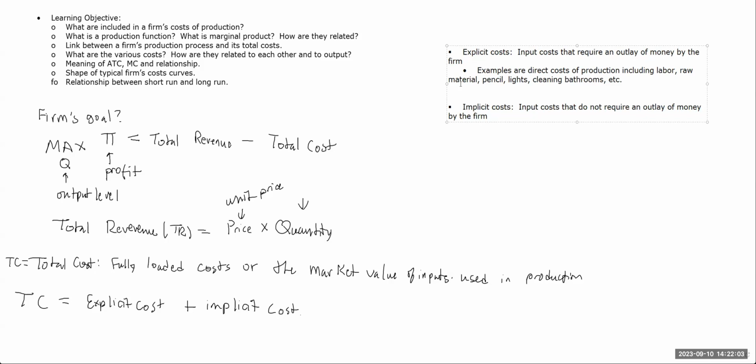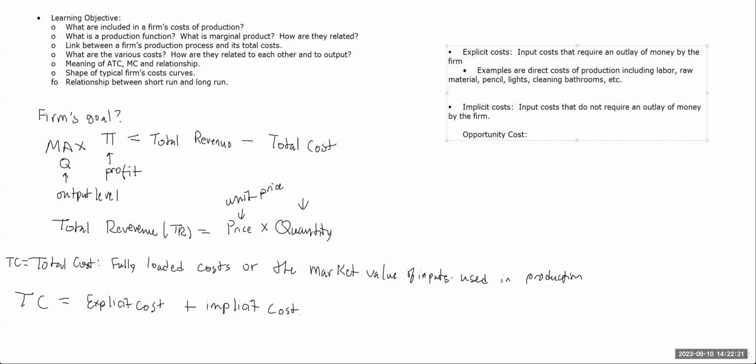Implicit costs are costs that do not require the firm to actually spend money. Usually we consider things like opportunity cost. This is the main implicit cost.